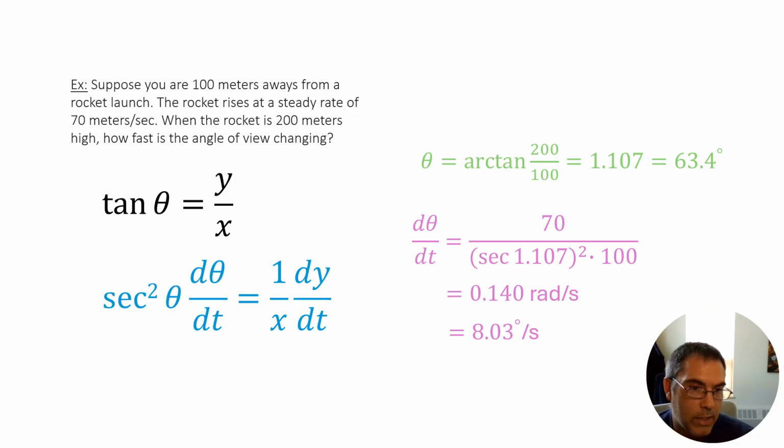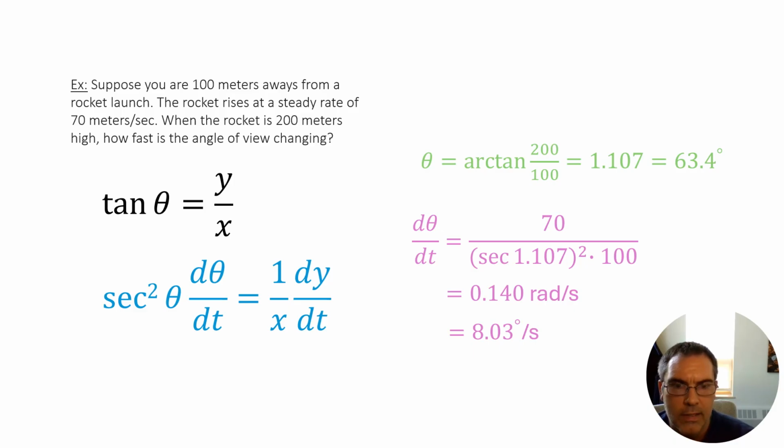Then we can use the second equation, so the rate of change of the angle. We're going to plug in everything we know, so the rate of rise of the rocket is 70 meters per second, so that's the 70. And then we have the x is 100, and we're going to divide by the secant squared of this angle that we found.